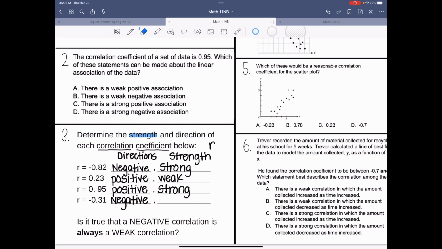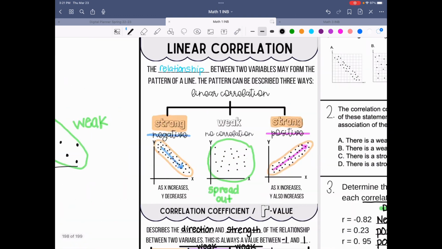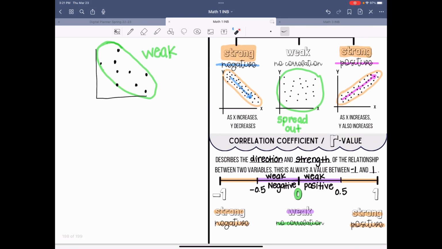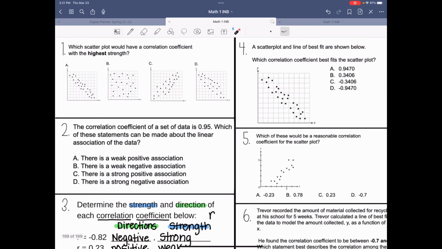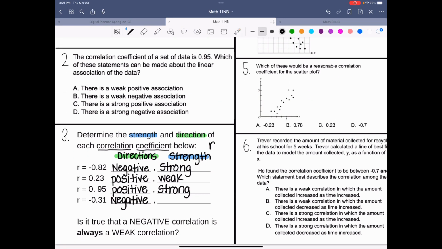Is it going to be a strong relationship or a weak relationship? So this is my direction, and this is my strength. All right, so negative 0.31 is also going to fall between 0 and negative 0.5. So that's also going to be weak.